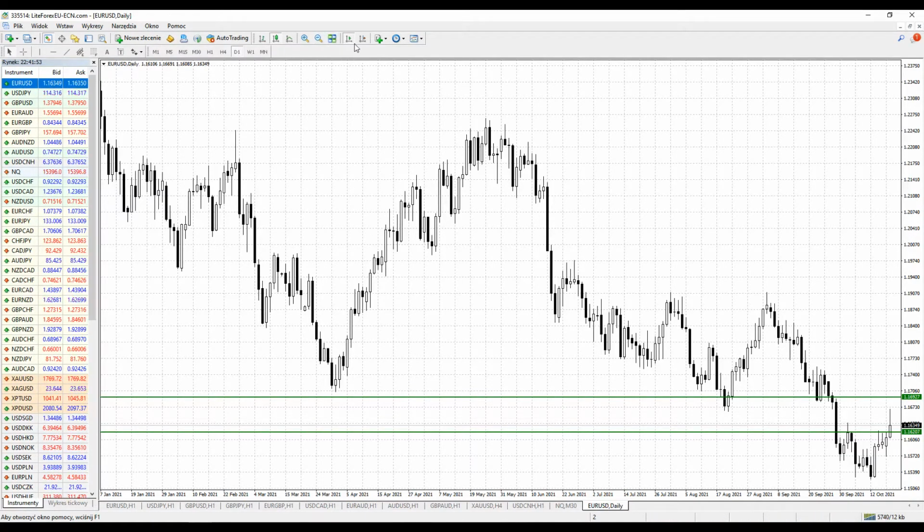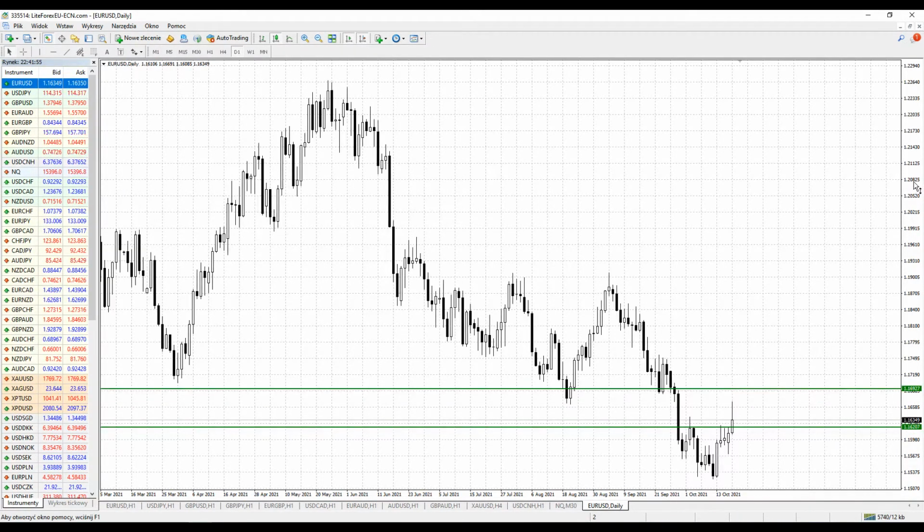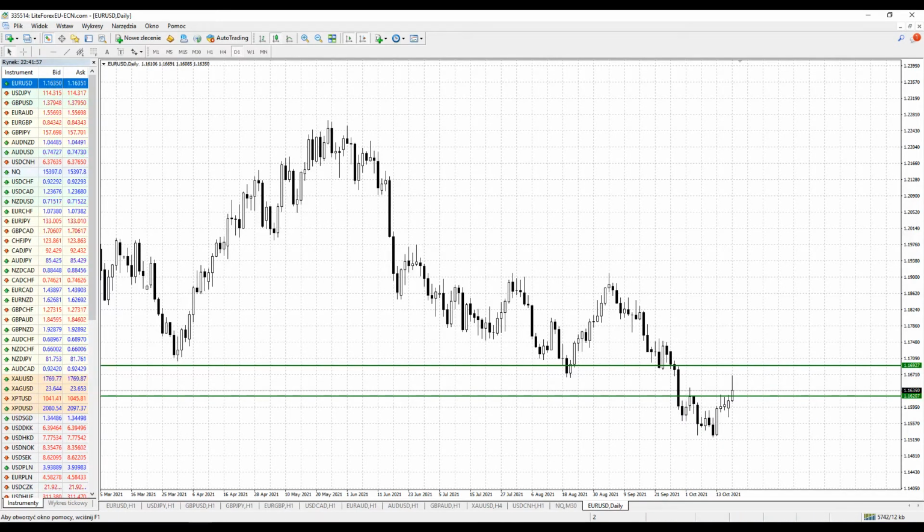So what I'm looking for in this kind of false breakout is for the market to move above the latest breakout, because what we have here a few days ago on euro dollar, a rising candle and the breakdown, immediately followed with the cancellation of the bearish scenario.